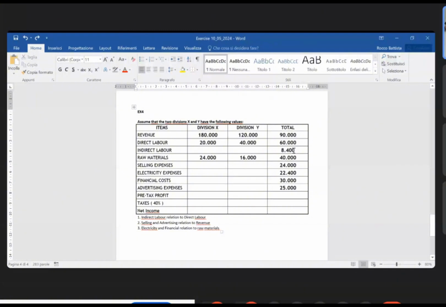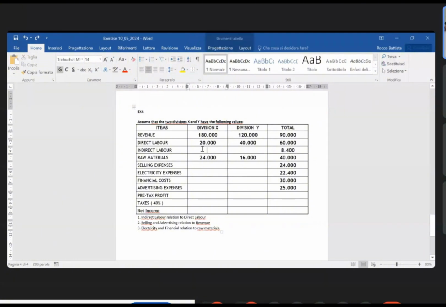So, start with the indirect labor. You need to calculate your ratio in relation to direct labor. So you take the total amount of indirect labor divided by the total amount of direct labor, and you have your ratio.